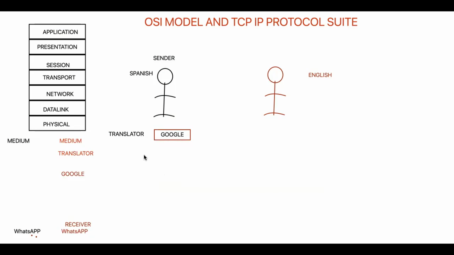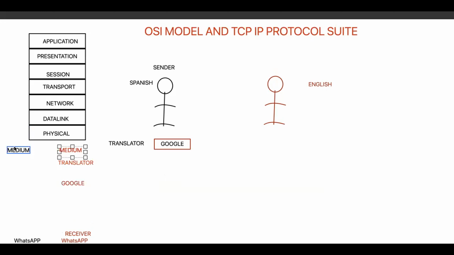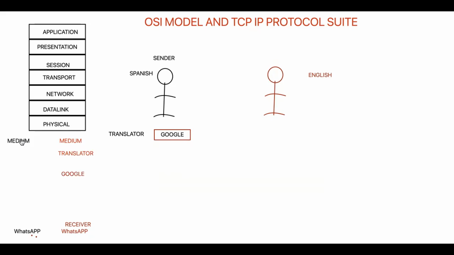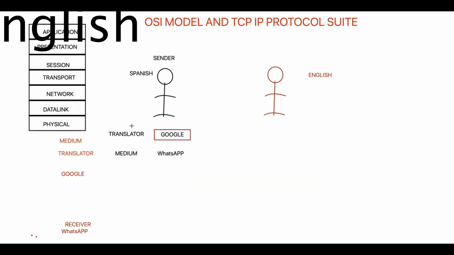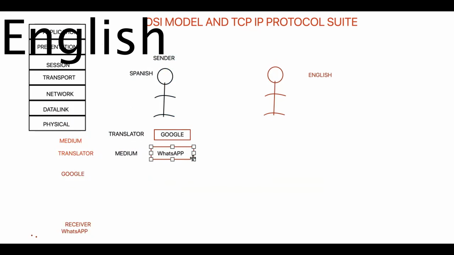After the translation is done, John uses a medium to send this message to Anna. That medium is WhatsApp, our popular application. WhatsApp helps us to send this information to our lovely Anna.